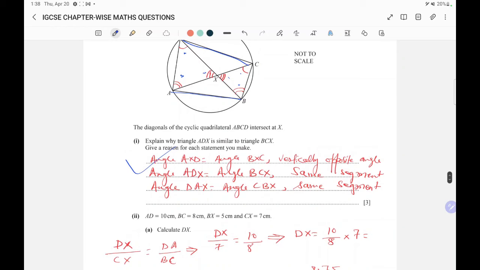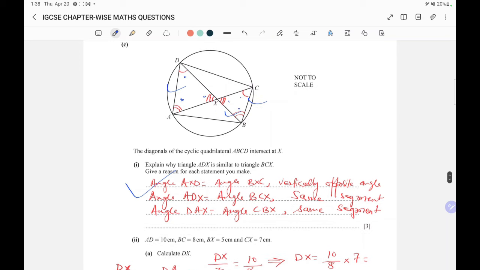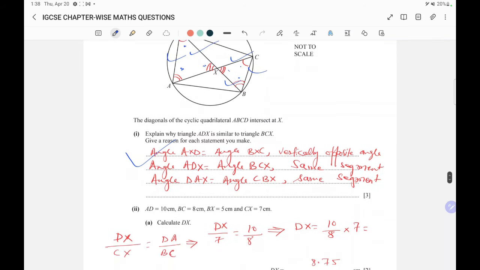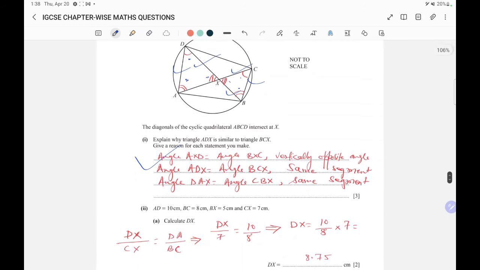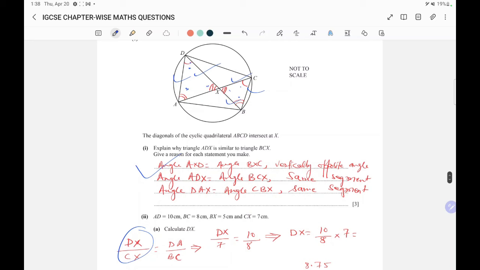Now AD, BC, BX, and CX is given. I have to find DX. So these two are similar, so we can find easily. DX over CX. DX length has been formed between angle 1 and angle 3.